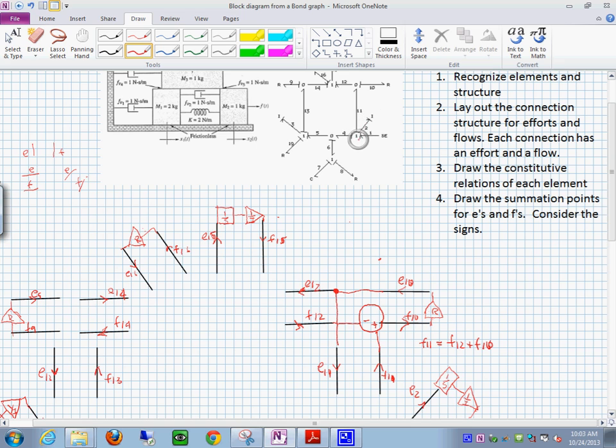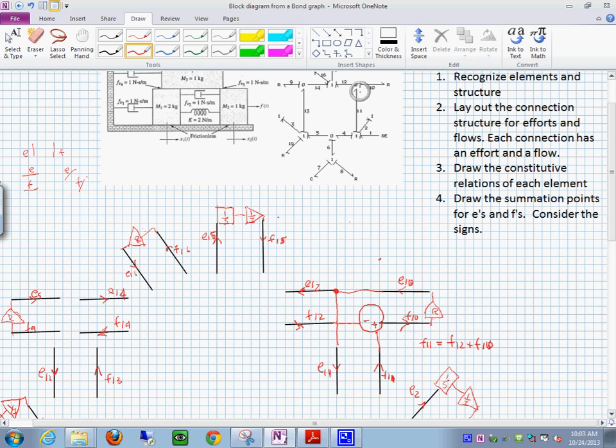We can continue down to here. The F11 equals F12 plus F10. Here you see what comes in equal to what goes out. Or you can say that F10, the way it's written in here, is this one minus that one. So it's just the little half arrow that tells you that that's what you're reading?